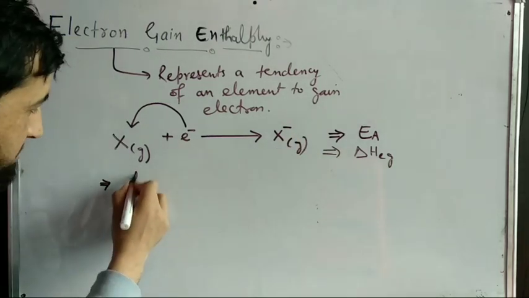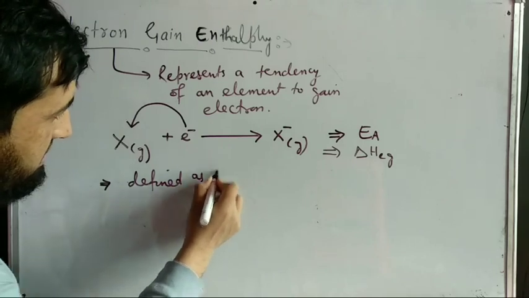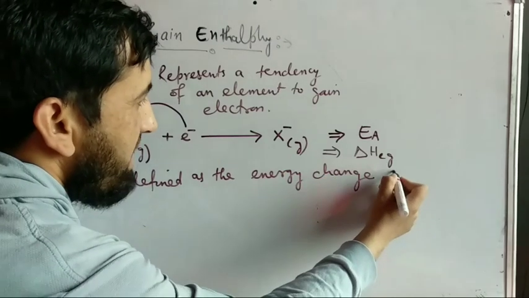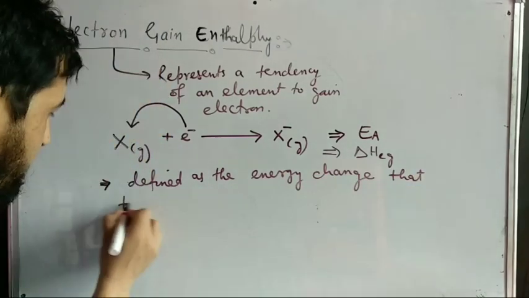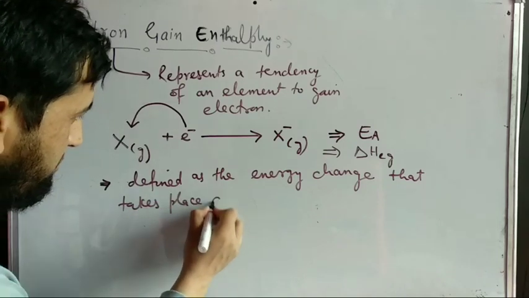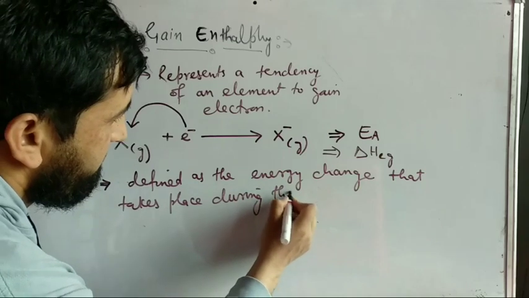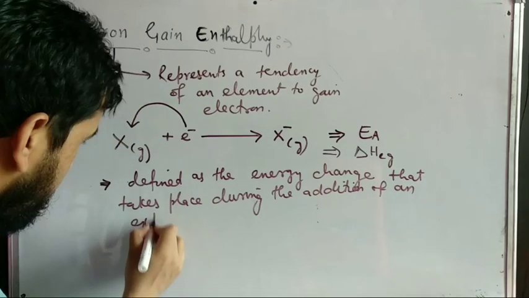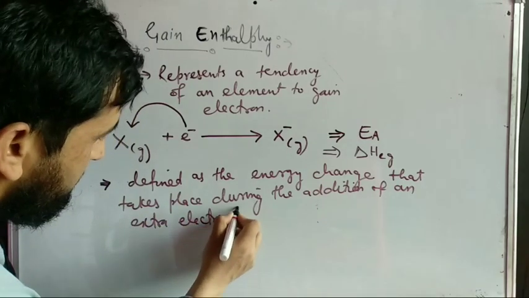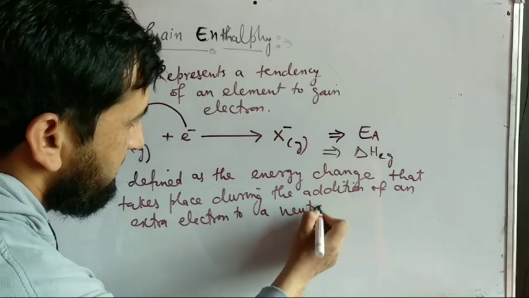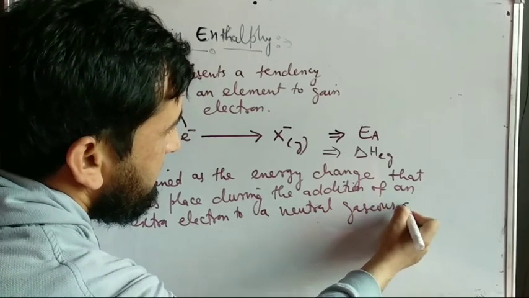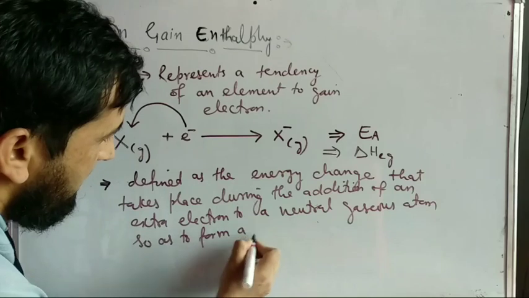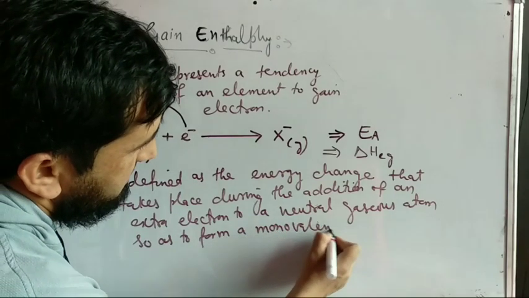Thus electron gain enthalpy is defined as the energy change that takes place during the addition of an extra electron to a neutral gaseous atom so as to form a monovalent anion.